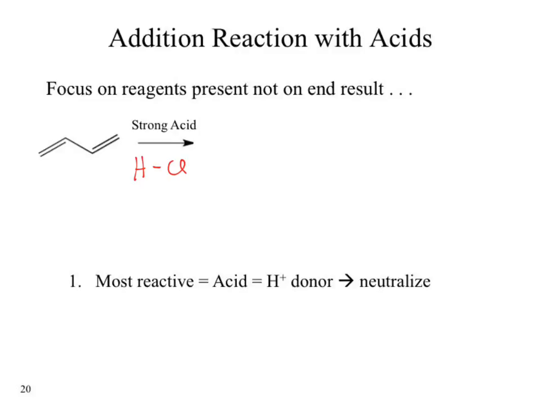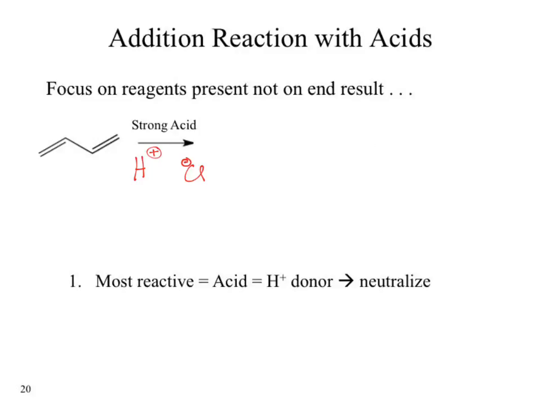The most reactive thing present in this solution is going to be the HCl because HCl is a strong acid. What do strong acids by definition do? Dissociate into their ions. And we have H plus and Cl minus. What's a big tip-off that the strong acid is the thing we should be addressing first? It's charged.